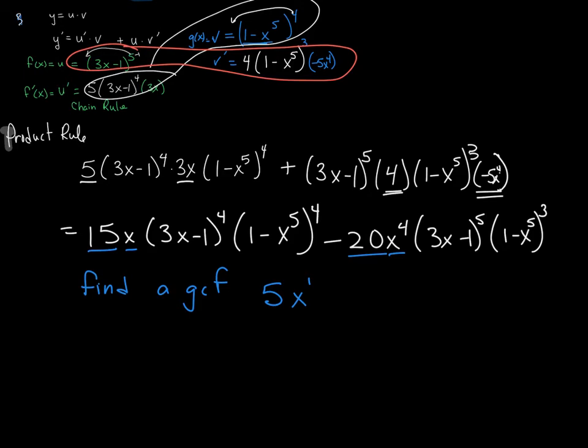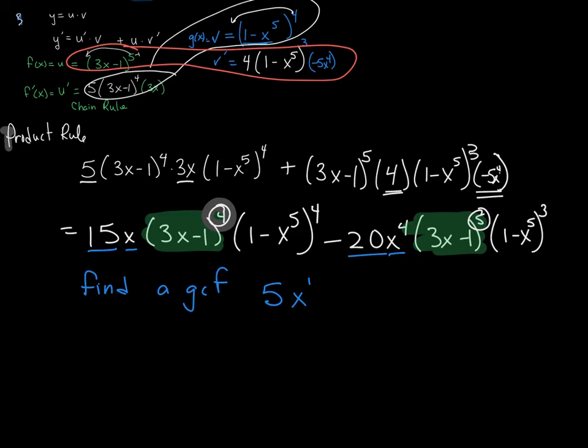All right, now I need the GCF of all of this, (3x-1)^4 and (3x-1)^5. But remember, all we're doing is we're looking at what the exponents are. This is the exponent of the 4th, and that is the exponent to the 5th power.